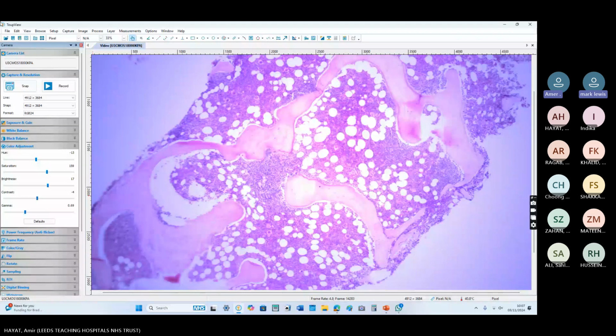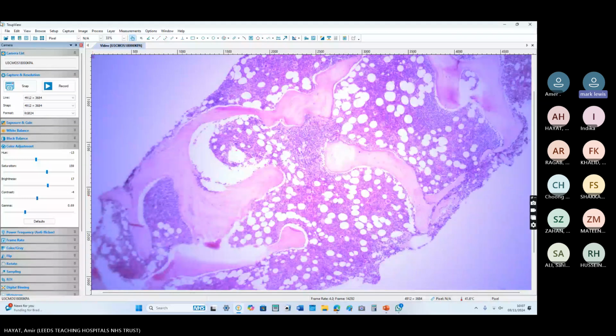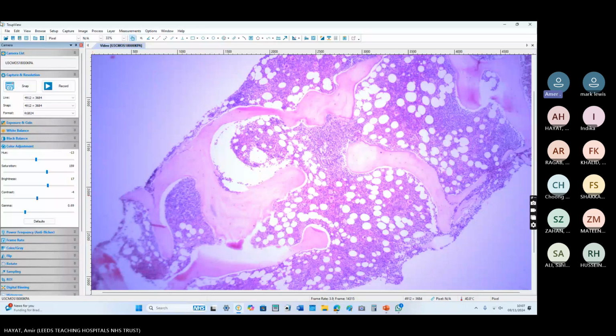Are those populations normal in the trephines? Yes. This patient has a bit more vacuolation. He is a 30-year-old patient. His bone marrow should be 70% cellularity, but he has a little bit more vacuoles.